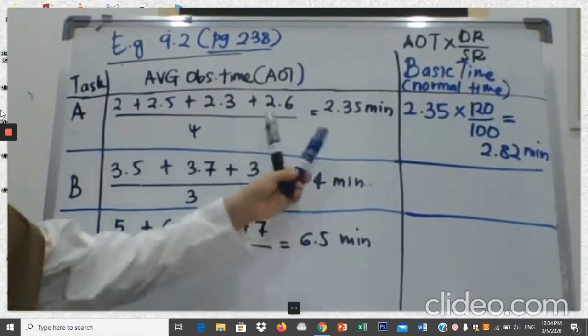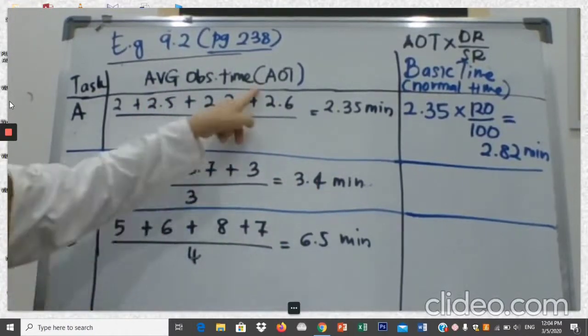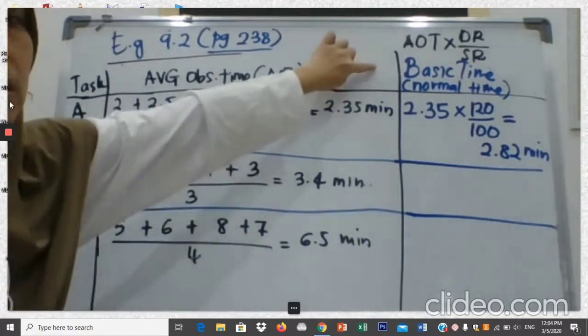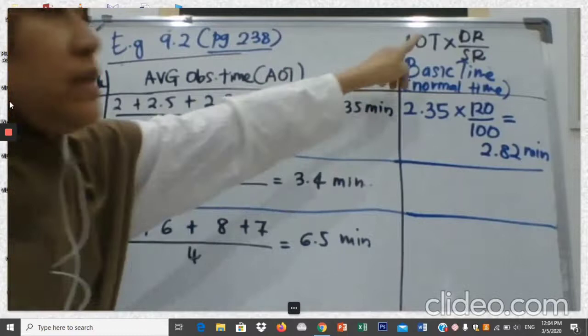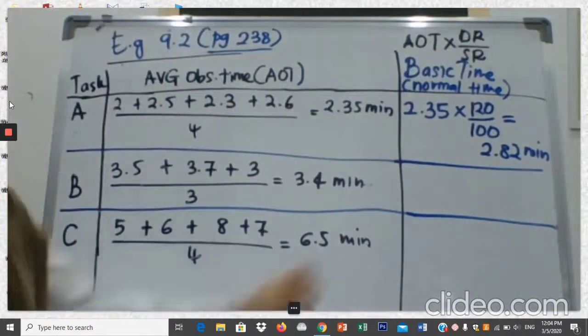What we calculated just now was the average observed time. So we have not answered the question yet. The question wants us to calculate the basic time or normal time. So refer to the formula in your textbook. Basic time is where we take the average observed time multiplied by OR over SR. OR is the observed rate and SR is the standard rate.